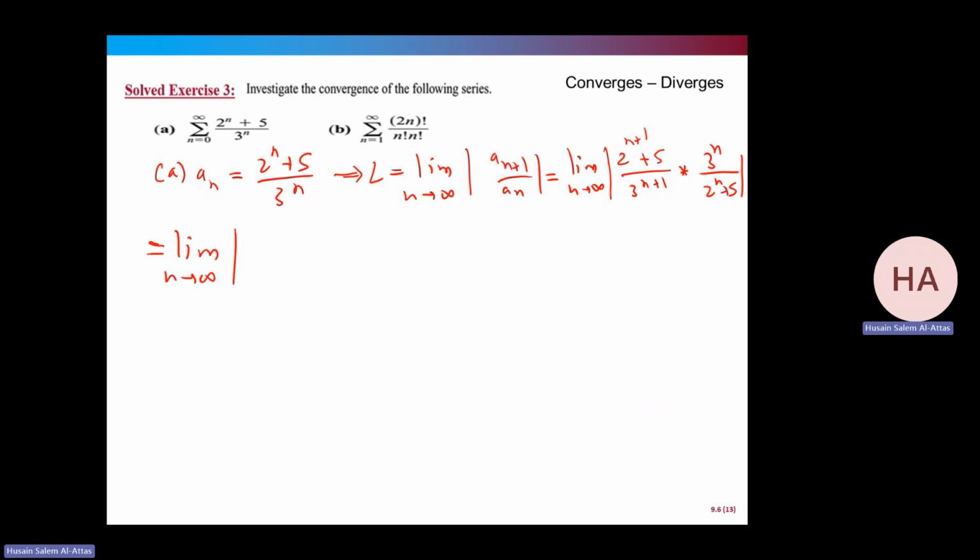That will be the limit as n goes to infinity, with 3 to the power n, that will be 1 over 3 times this. This is 2 times 2 to the power n plus 5 over 2 to the power n plus 5. 1 over 3 I can take outside.